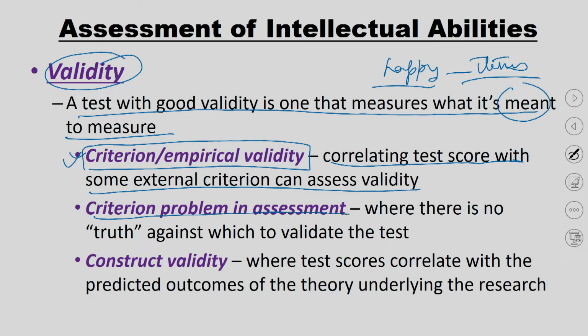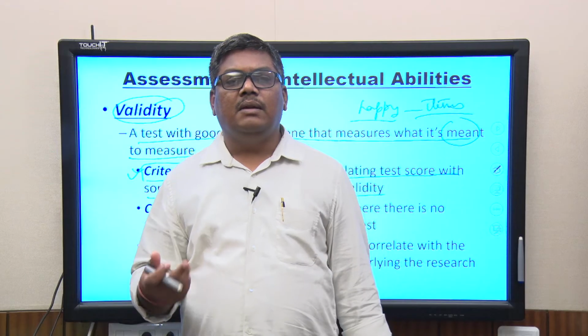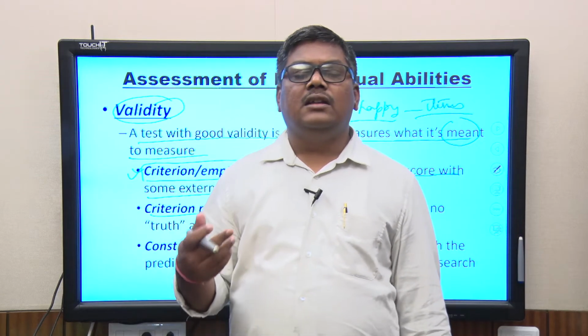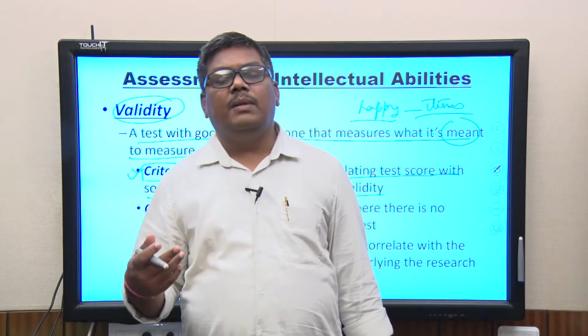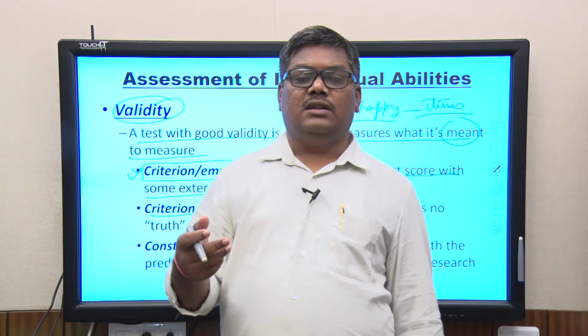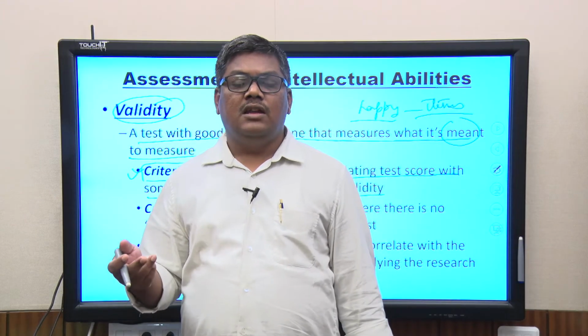Criteria problem in assessment. There are certain constructs which cannot be measured or which have no criteria, no test to measure them. A good example often given by psychologists is achievement motivation. How do we define achievement motivation?